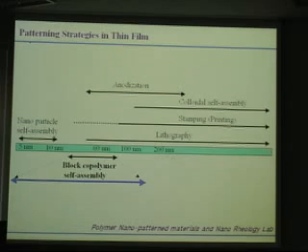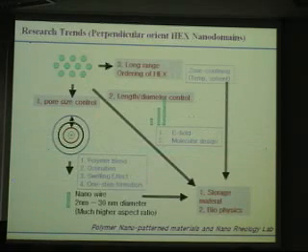But in the block copolymer case, the size is about 20 to 50 or 60 nanometers. Sometimes we want to decrease the size, or sometimes increase it, but we cannot decrease the block copolymer size. So today I will talk about the perpendicularly oriented hexagonal nanodomain.